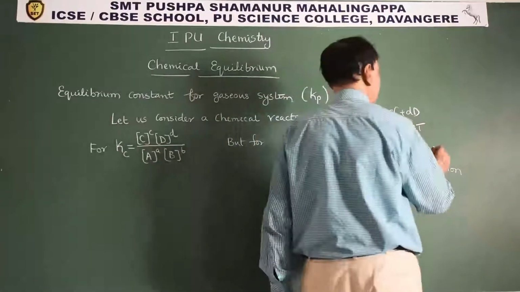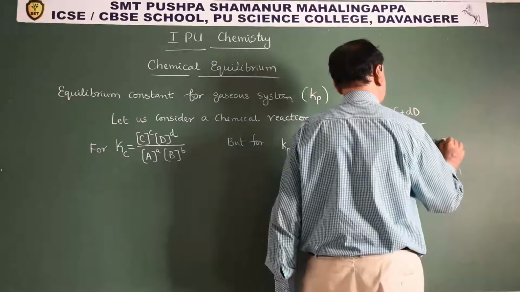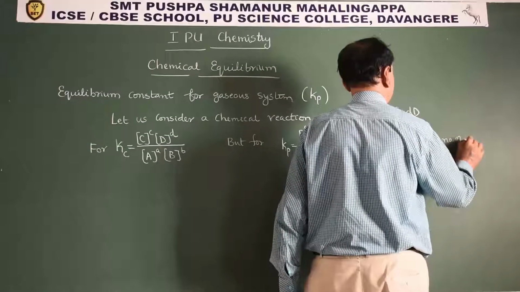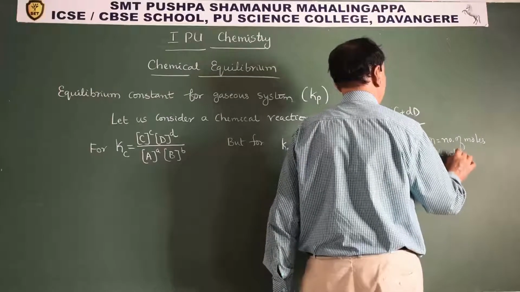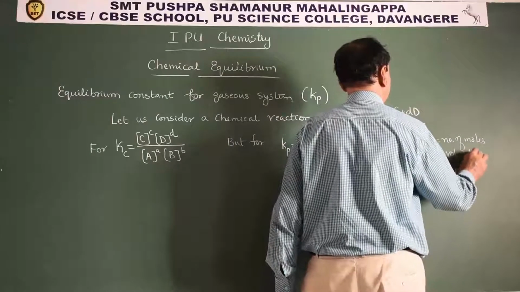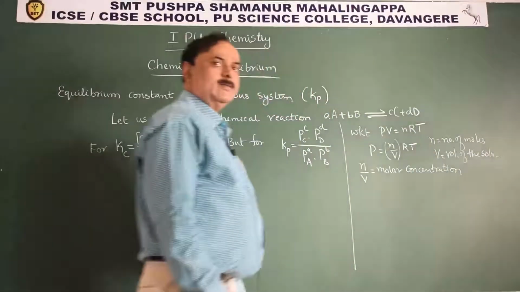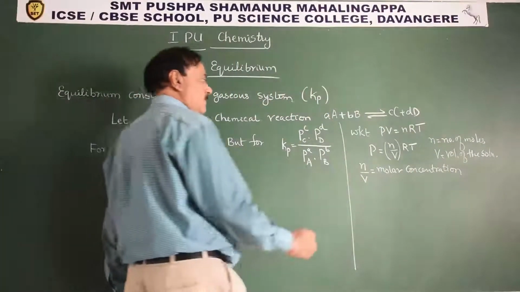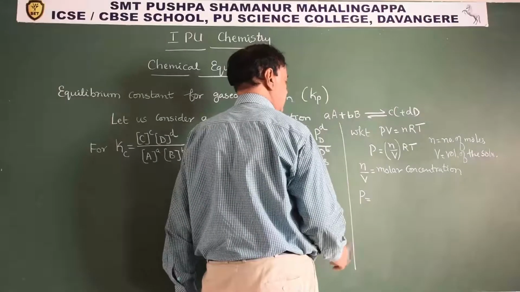Here n is the number of moles, and V is the volume of the solution or the volume of the container. Therefore, P is equal to molar concentration into RT.